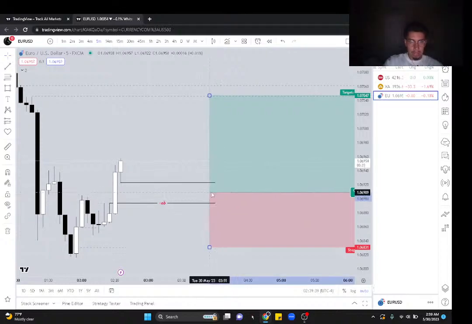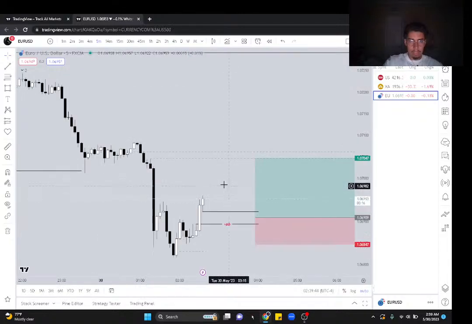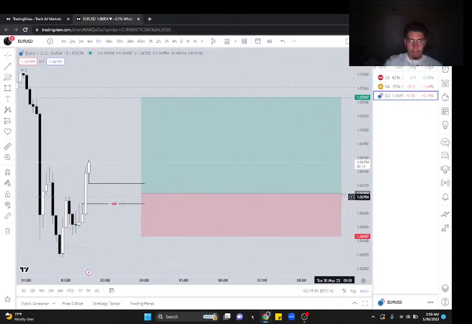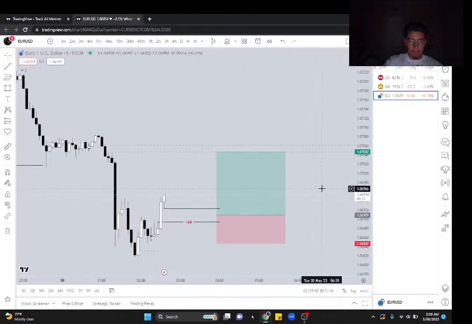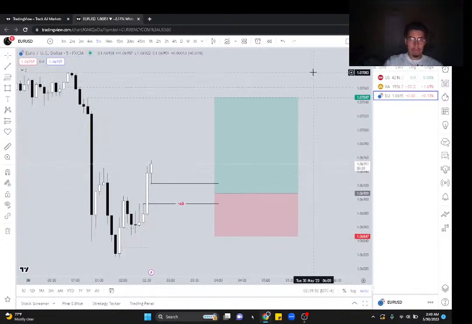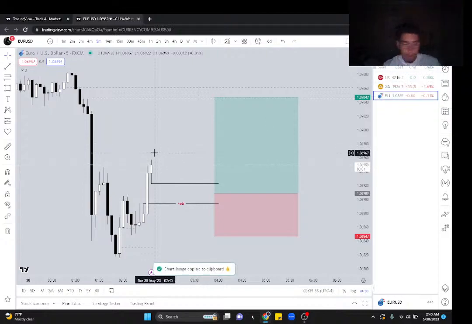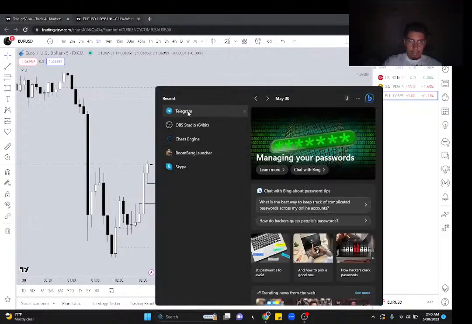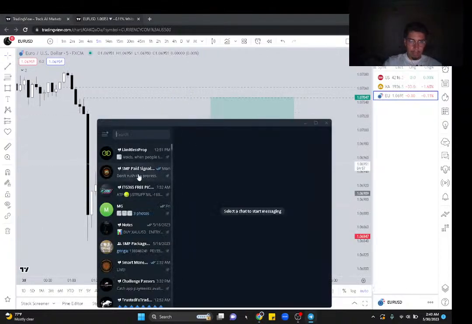We can try to capitalize right here. Put stops above and still take the longs right there. Nice at 2.23 to 1. So I'm going to send this to my Synox group because I really like this trade.